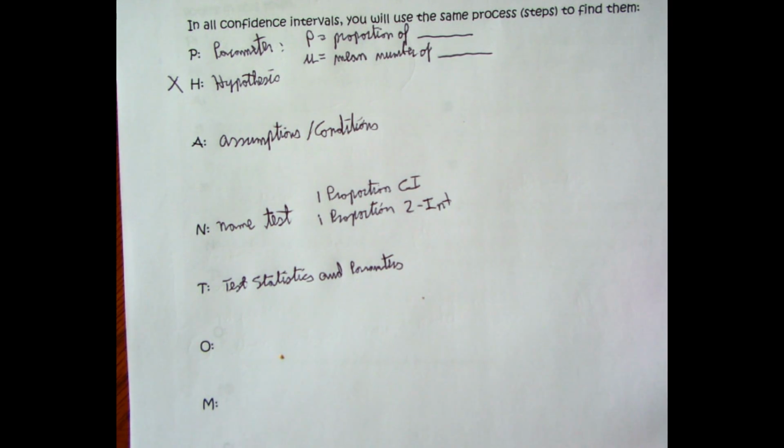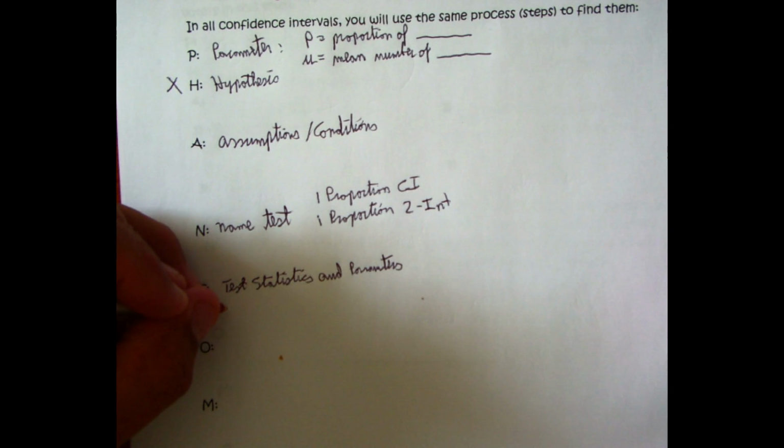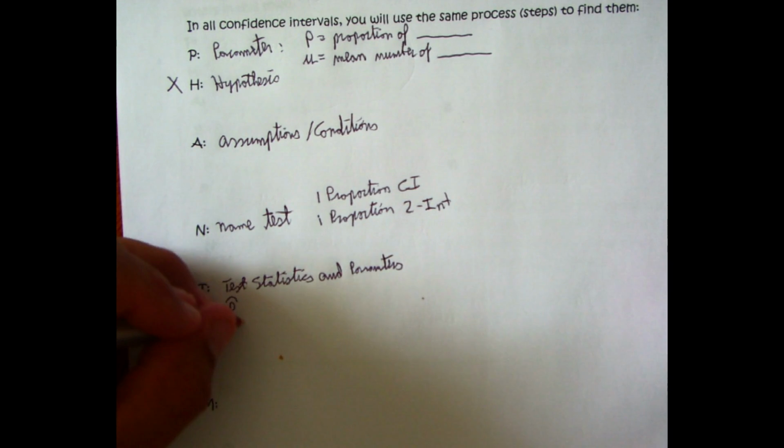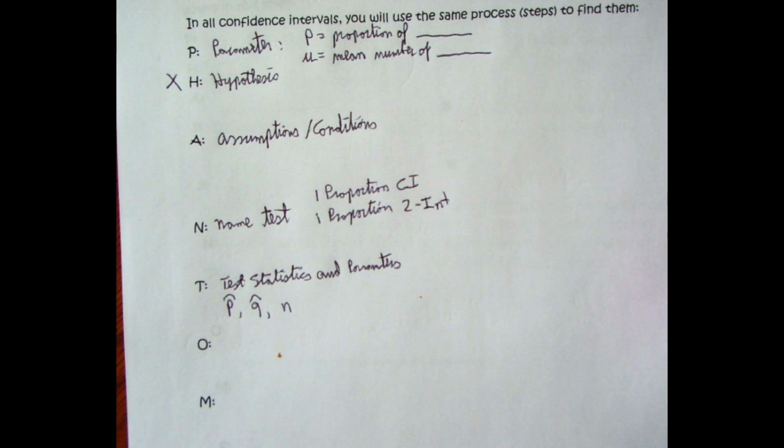Well, we're dealing with proportions right now, so we're just going to call these P hat, Q hat, and N. Now there's going to be other players in the game as we do other tests. So if we hypothesize what P is, then we write down P equals, and then we would write down what Q is. But right now that's all we need. So P hat is the proportion of successes in our sample, Q hat is the proportion of failures in our sample, and N is our sample size.